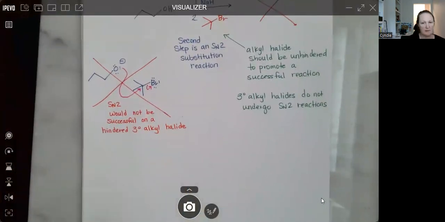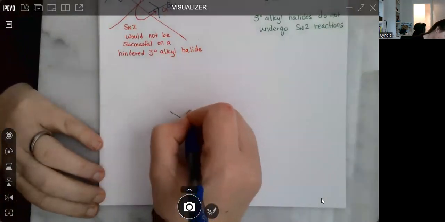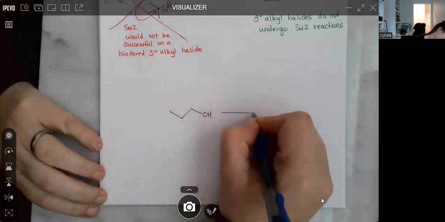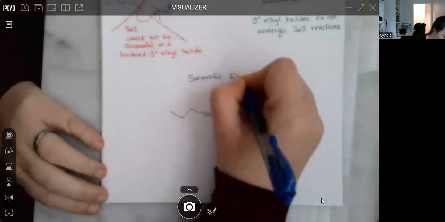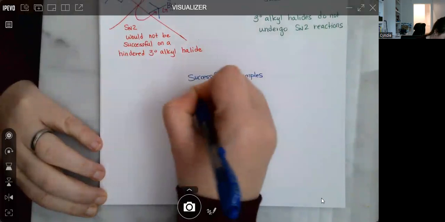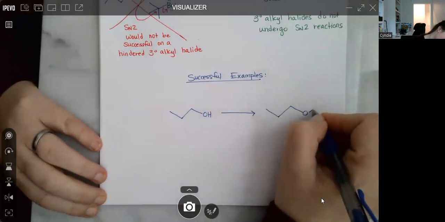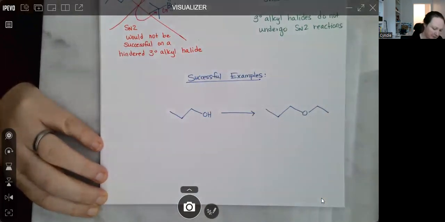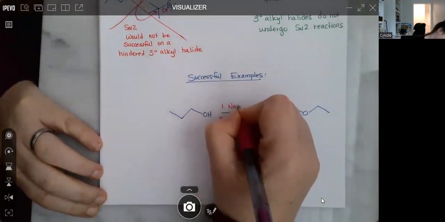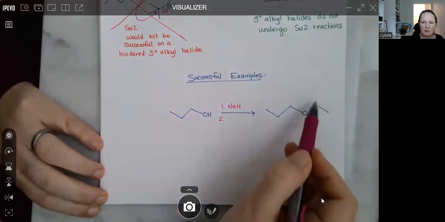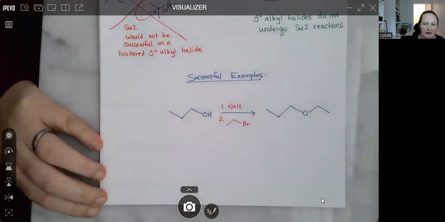Okay, so let's maybe give it a successful example, or two. We can definitely add in this ethyl group, because it would come from an unhindered primary alkyl halide.